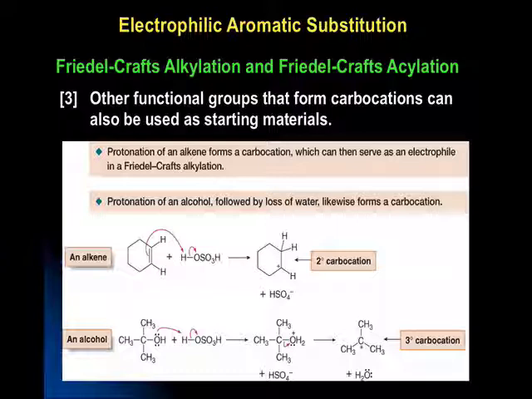Keyshawn, what product am I going to get? If I take cyclohexene and react it with benzene in the presence of sulfuric acid. So I've got benzene. I've got cyclohexene. I put in some sulfuric acid.